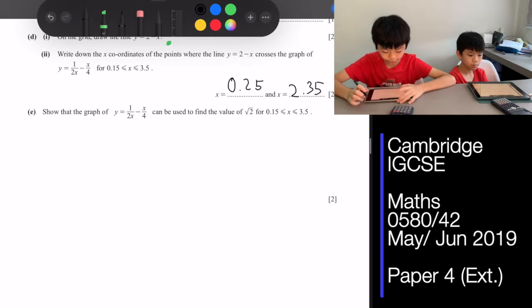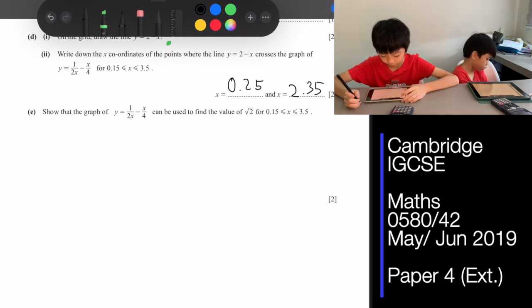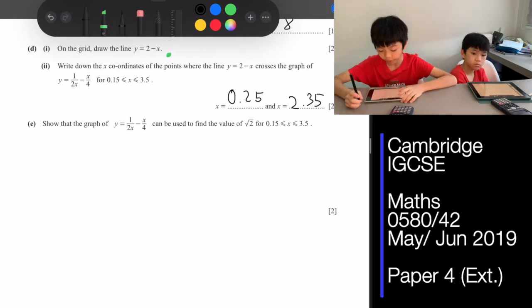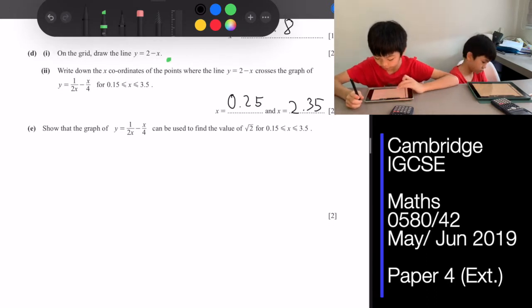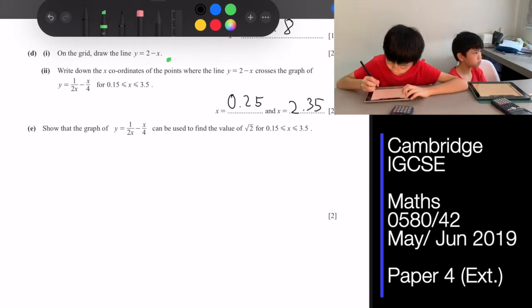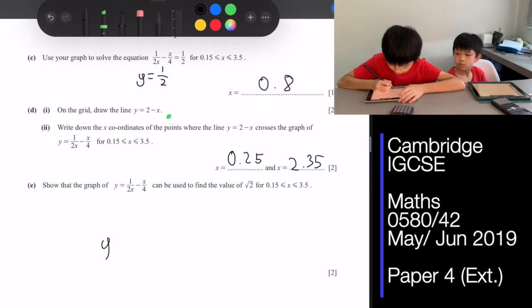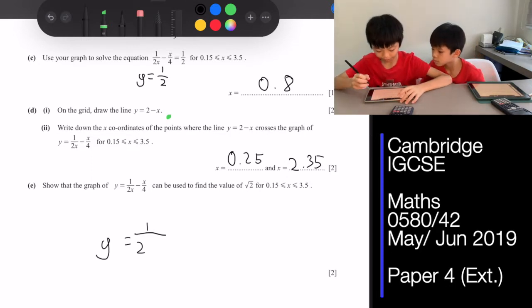For our next question, show that the graph of y equals 1 over 2x minus x over 4 can be used to find the value of root 2 for 0.15 ≤ x ≤ 3.5. Alright, so for this, we'll replace x.